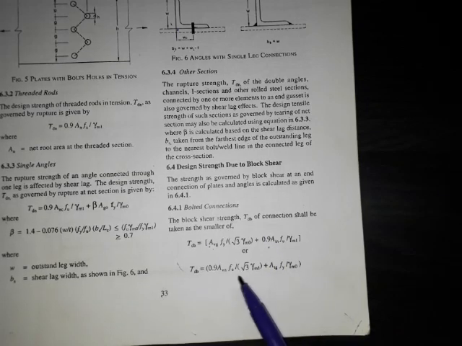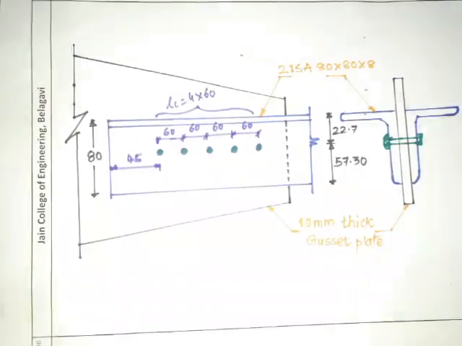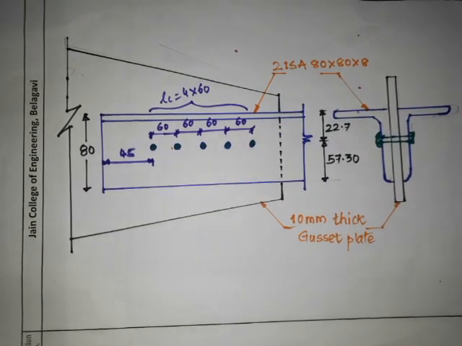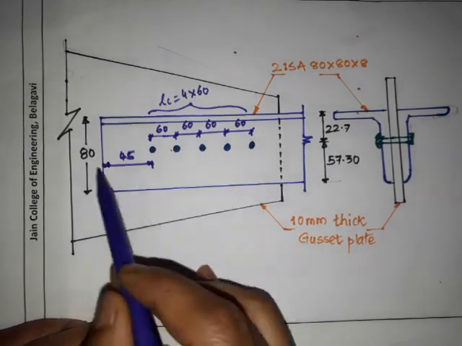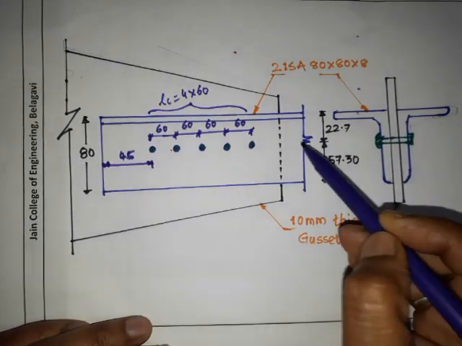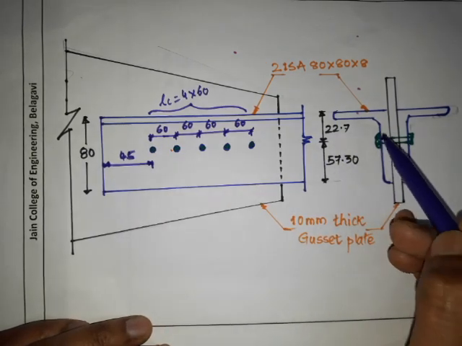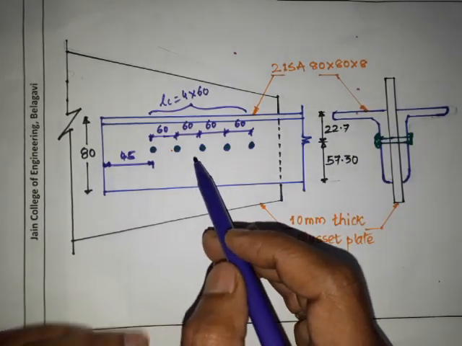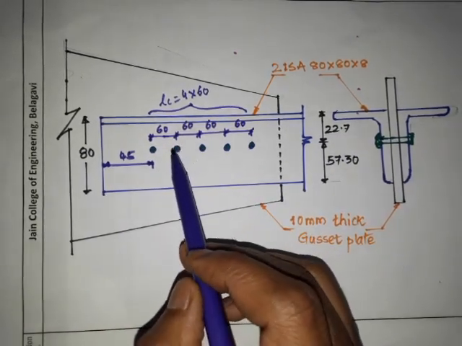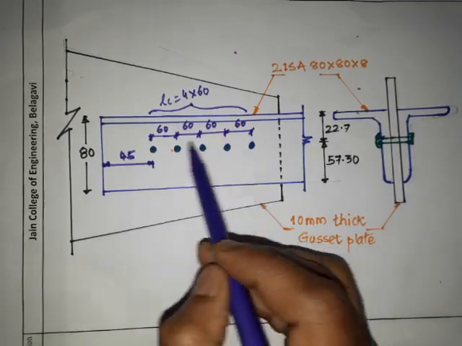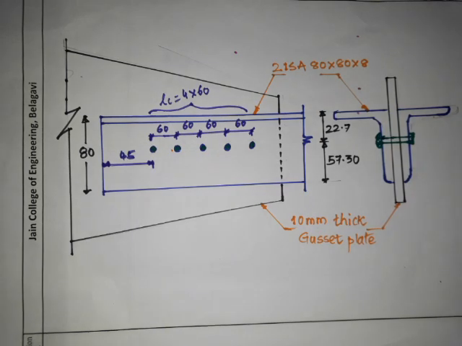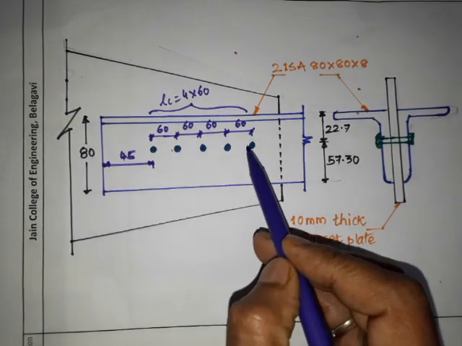Now I will show you how to calculate AVG, AVN and ATG, ATN. I will tell you how the block shear failure will take place in this type of connection. When the member is subjected to a tensile force, generally because of making of holes in the angles, they may rupture or fracture at the critical section.